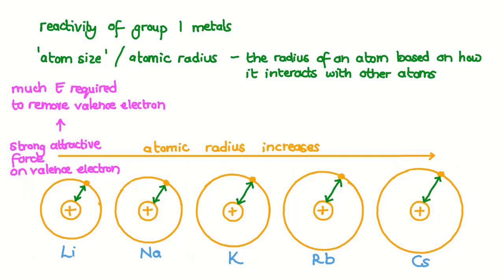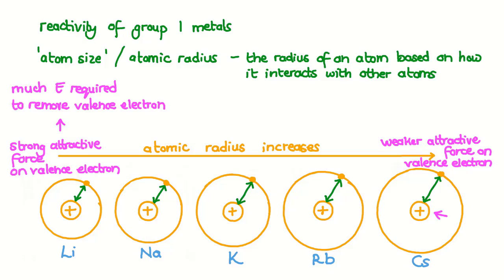However, when the atomic radius is very large, for example in the case of cesium, there is a relatively weaker attractive force exerted on the valence electron by the positively charged nucleus. We would imagine that this is because the valence electron is further away from the nucleus. But this is only part of the reason.